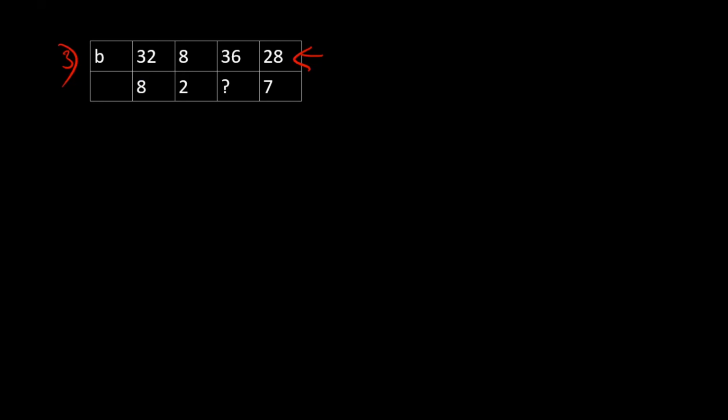So let's find our rule. You can do 32 divided by 8 to find out what our rule is. 32 divided by 8 is 4.